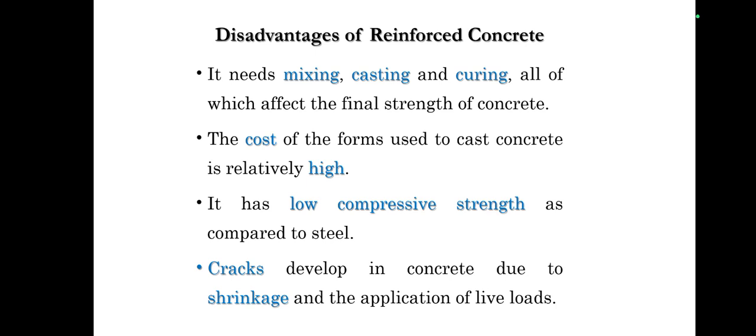If you compare the strength properties of plain concrete, reinforced concrete and steel, reinforced concrete has higher strength than plain concrete, and steel has higher strength than reinforced concrete. Cracks also develop in concrete due to shrinkage and the application of live loads.